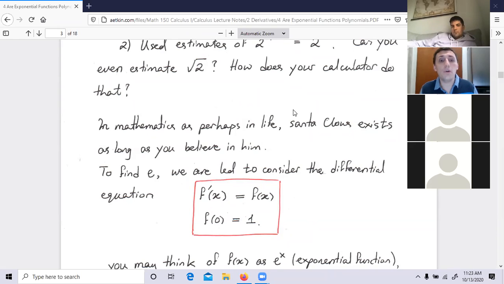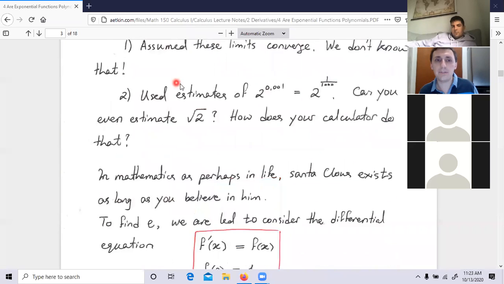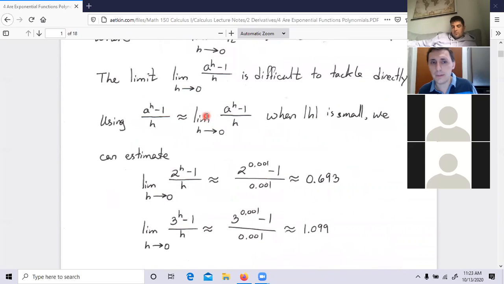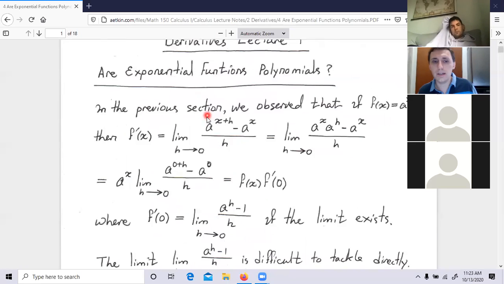So what are we truly trying to figure out? We're trying to find a function whose derivative equals the same function. We were inspired by considering exponentials, right? I didn't have to solve it to realize that if I'm armed with exponential laws, if I believe that they hold, I see this limit.